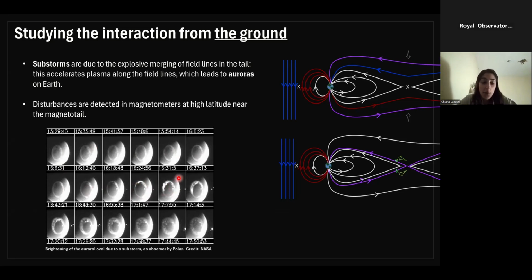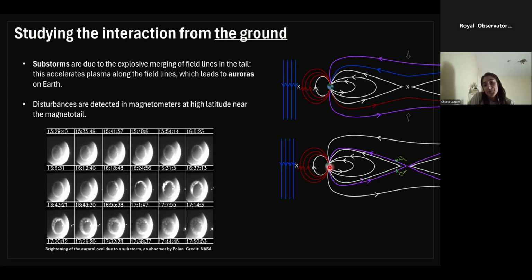If you're wondering why this is an oval, this oval is the region in both the northern and southern hemisphere where we're more likely to observe aurora. This is because these magnetic field lines' foot points will create these oval structures around the polar caps.